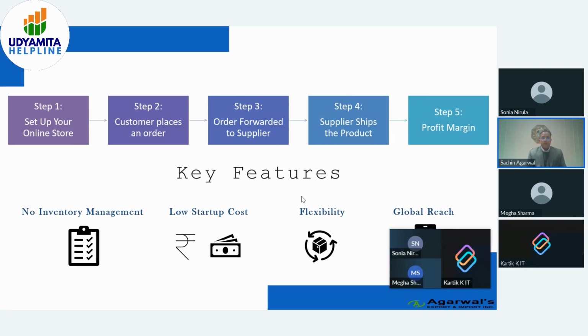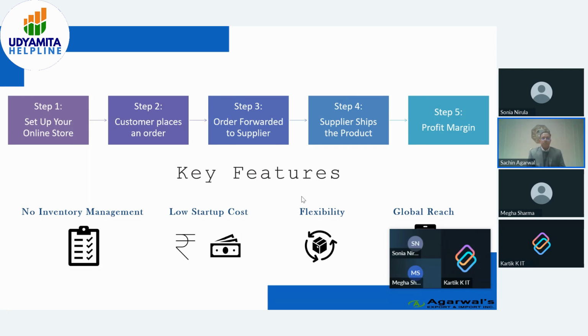Yes, you are not actually sourcing the products and storing them in your warehouse, but you are selling the products to the customers without ever physically handling or storing the inventory. Instead of purchasing the products in bulk and keeping them in stock, you partner with your suppliers or the manufacturers who store the products and ship them directly to your customers. Here's how drop shipping works and what you need to know about it.